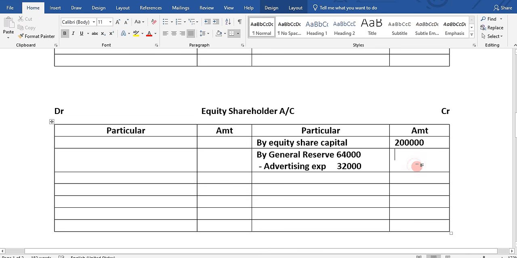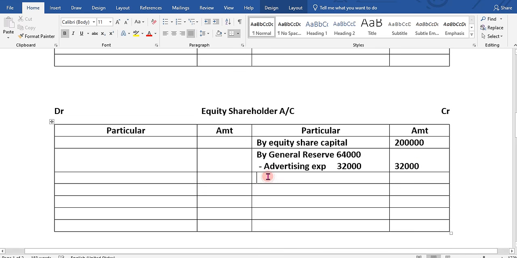So 64,000 minus 32,000, that is 32,000, will remain, written in the outer column.